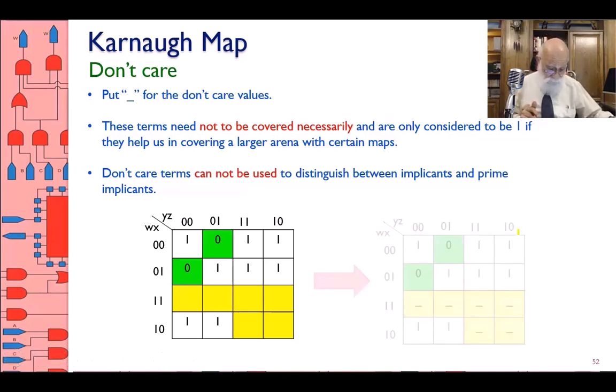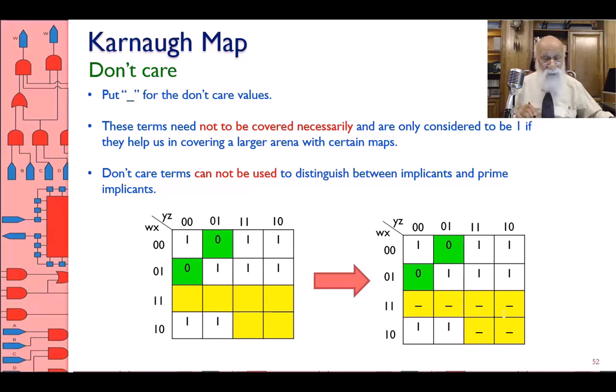Okay, since you don't care, I'm going to put dashes. And when I'm mapping, this is what I'm going to do. When I'm mapping, I take the don't cares the way I like. For example, look. If I treat the 4 don't cares on the lower right as ones, that gives me a very good map.